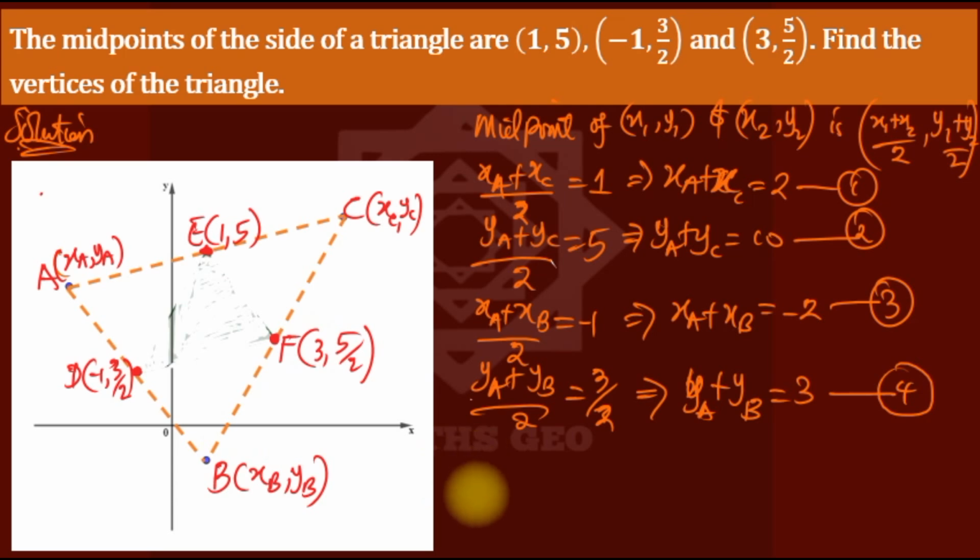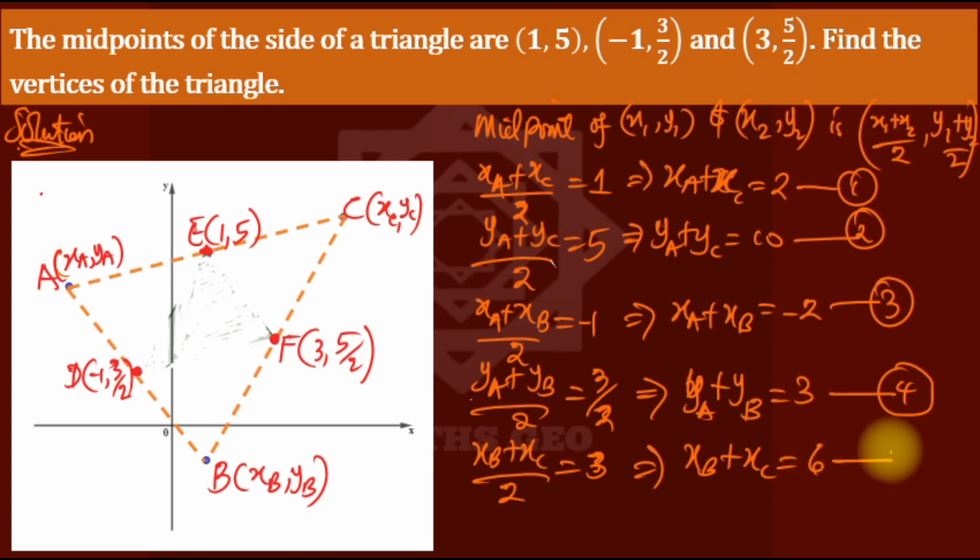Let's look at BC. So we see that (XB + XC)/2 will give us 3, as you can see, which implies that XB + XC = 6, equation 5.